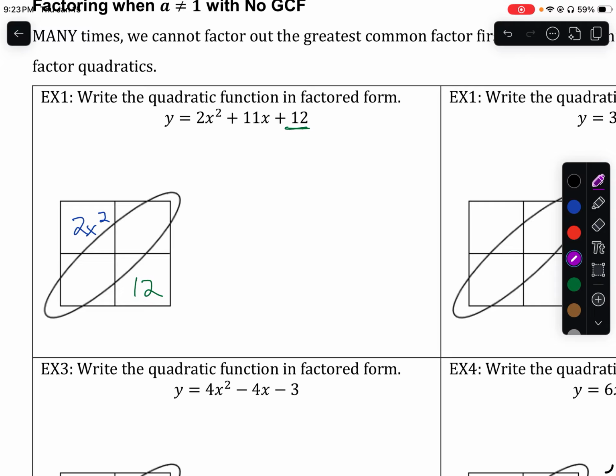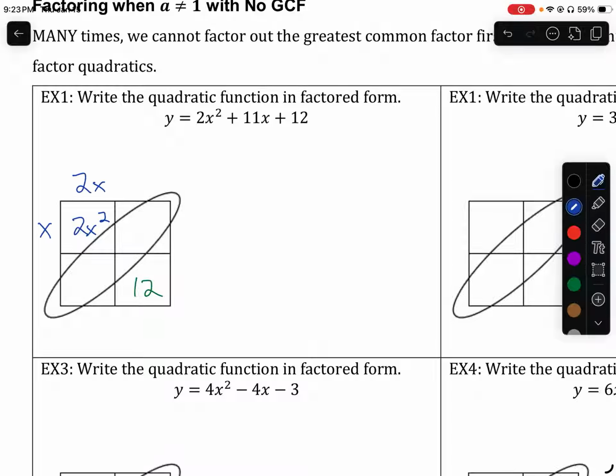Now, before I try to start filling in this box 2 and 3 here, knowing that I have to add up to 11x, I'm going to say, okay, well, 2x squared, I know it has to be 2x and x along the outsides.